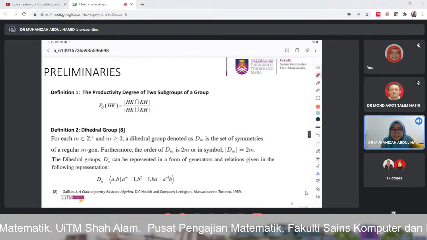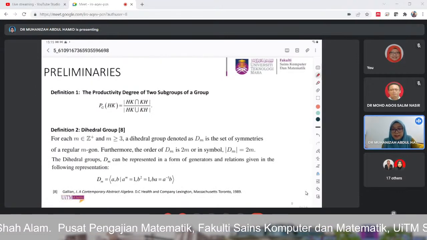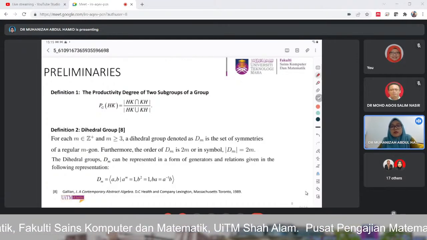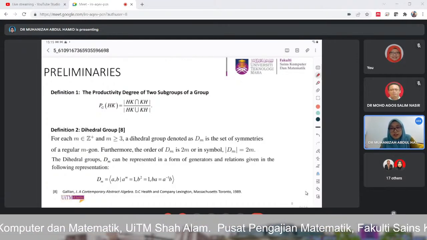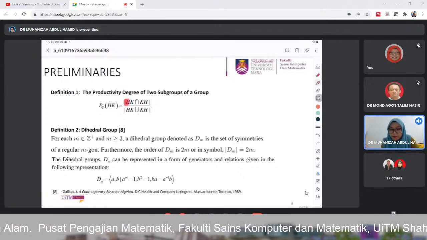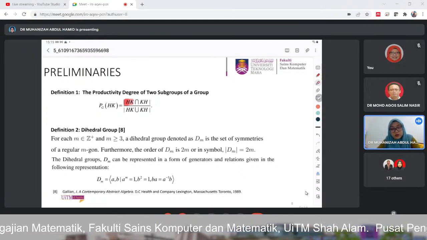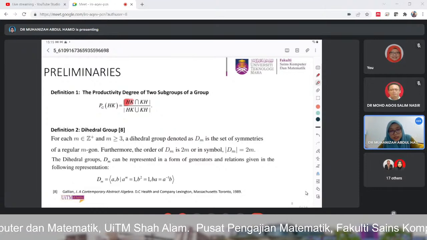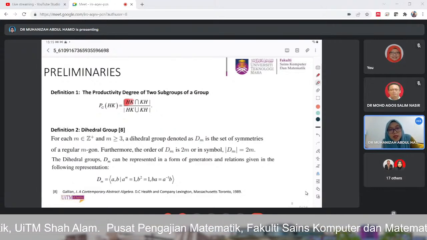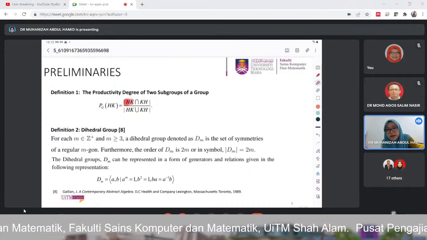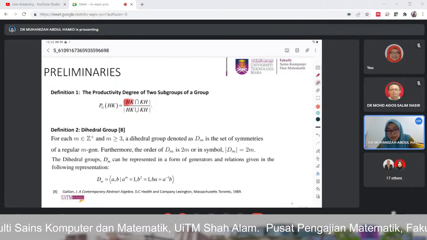As you can see here, we use the term productivity degree instead of commutativity degree. Why? Because we have a product of H and K. That is why we use this term productivity degree. And we extend the concept of commutativity degree to two arbitrary elements, one in H and another one in K, where H and K are two subgroups of a group.